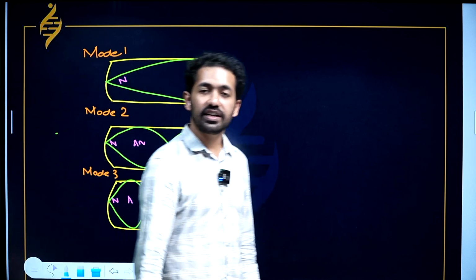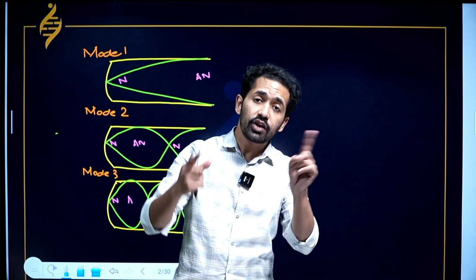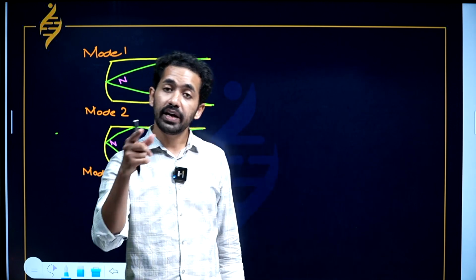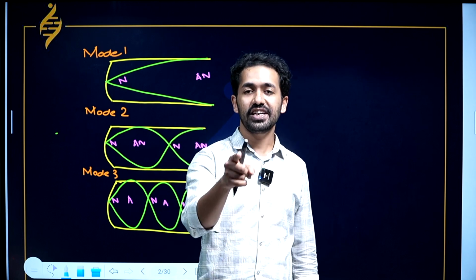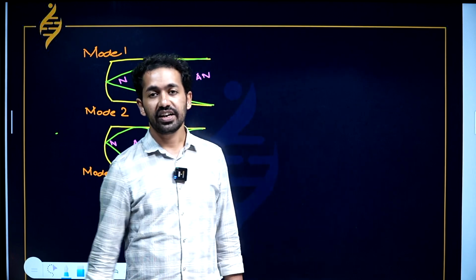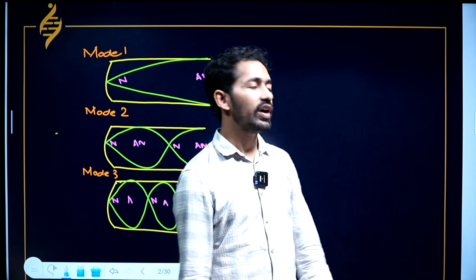So what did you understand? In the case of a closed pipe, number of nodes is equal to number of antinodes. So this can be another question. In the case of an open pipe, number of antinodes is equal to number of nodes plus 1. In the case of a closed pipe, number of nodes is equal to number of antinodes.